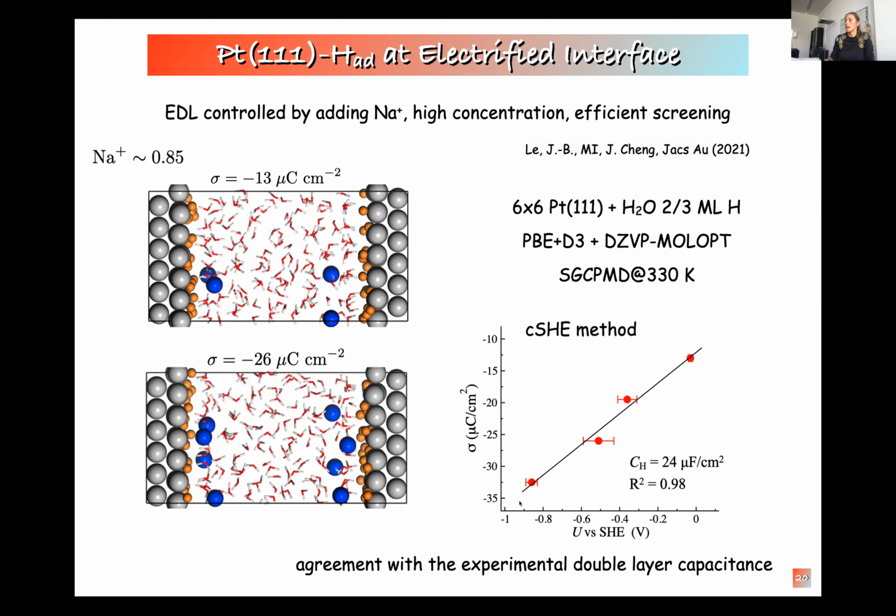In particular here, the computational standard hydrogen electrode method has been used together with the second generation Car-Parrinello method to sample this type of interfaces and to determine the differential Helmholtz capacitance here, that is found in this range of potential to be constant, and in good agreement with what has been observed again in this range of potential from experiment.